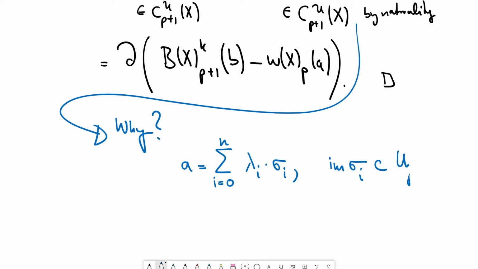So let's write U j of i, because it depends on the singular simplex sigma i. All right? So that's how A in general looks like.